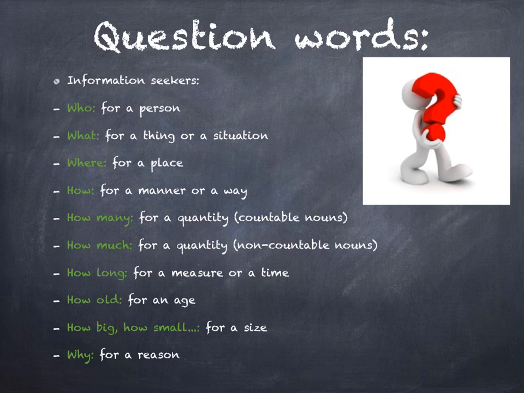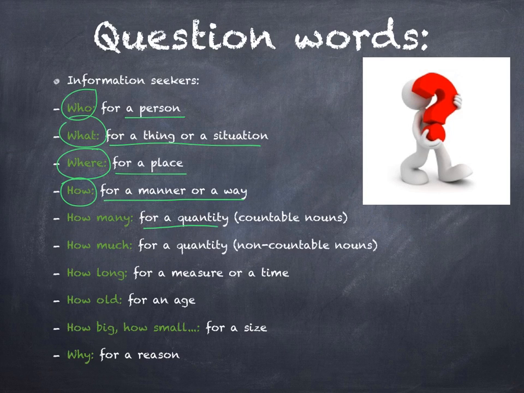Finally, let's take a look at the question words one more time. So you're looking for a person, use who. You're looking for a thing or talking about a situation, use what. For a place, use where. You're looking for a manner or way to do something, use how. For quantity, for countable nouns, use how many.